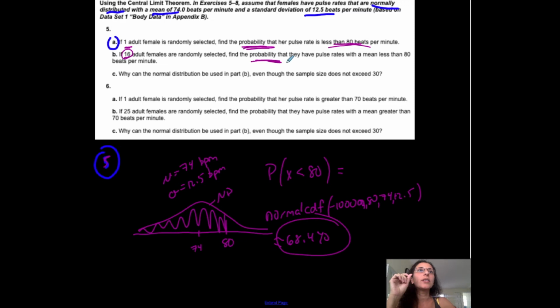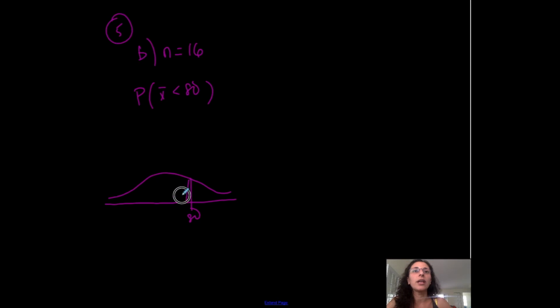Find the probability that these pulse rates, these 16 that I selected, have a mean that is less than 80. Honestly, the picture is not going to really vary, right? It's going to still have an area to the left.